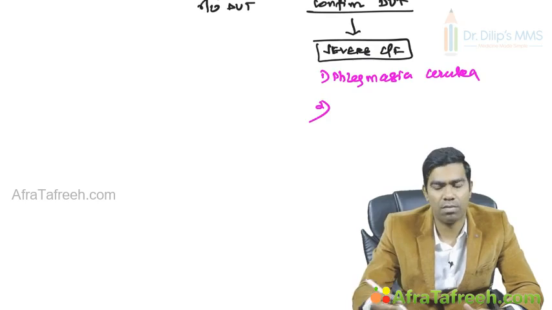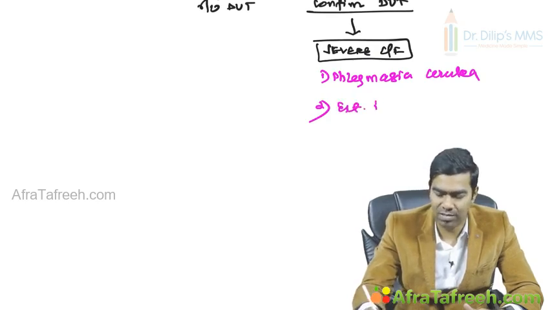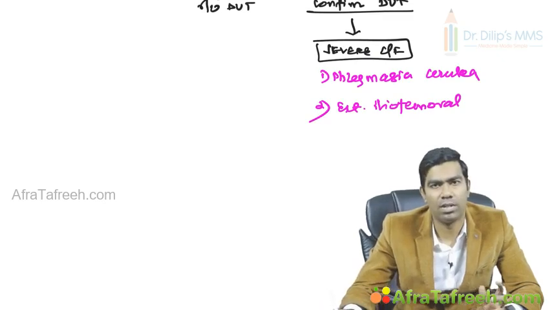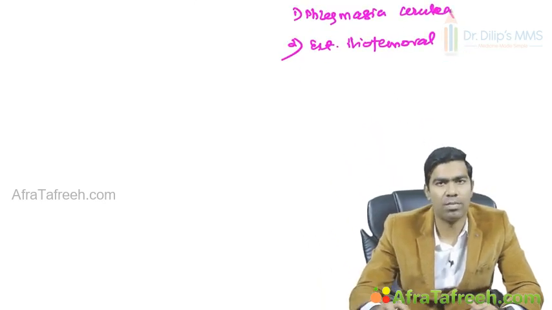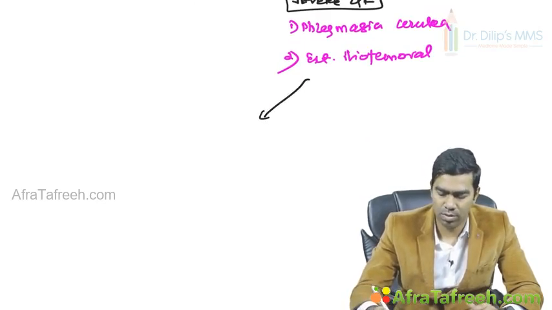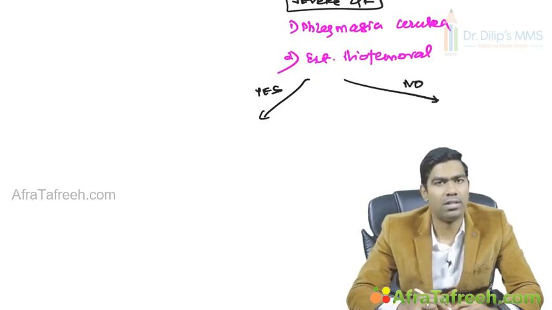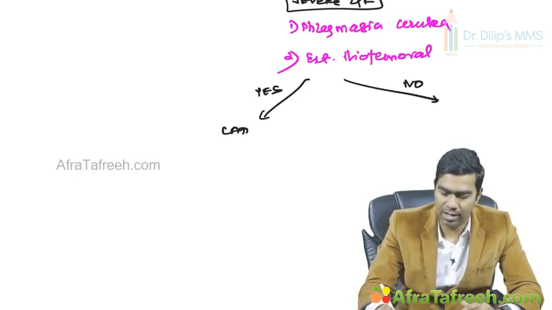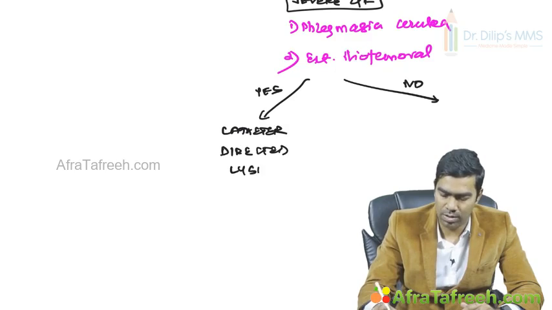The second one, which we've already discussed, is an extensive iliofemoral DVT, where almost the entire iliac and femoral veins are occluded with thrombus. If you have these severe clinical features, then it's always better to go for a catheter-directed thrombolysis.